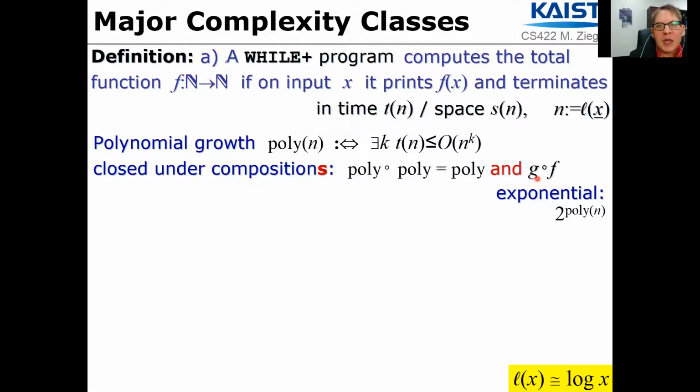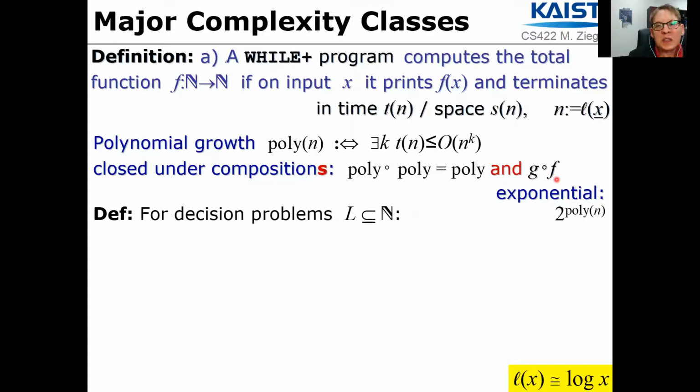Or put differently, when now invoking the second computation of g with a possibly larger argument y, that argument y still has binary length polynomial in the length of the original argument, and therefore computing g on y again runs in time polynomial not just in the binary length of y, but even polynomial in the binary length of the original argument x. So we have this second kind of closure under composition.